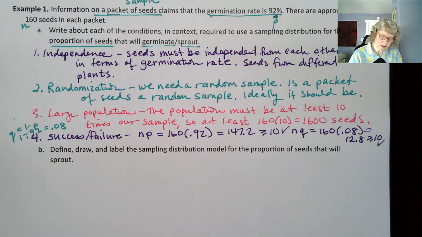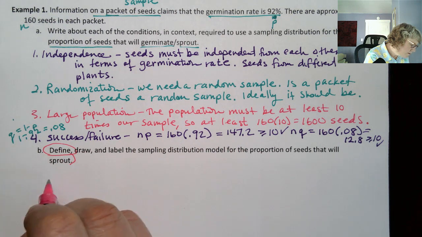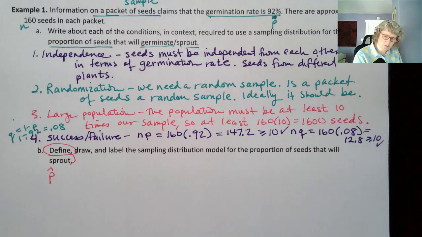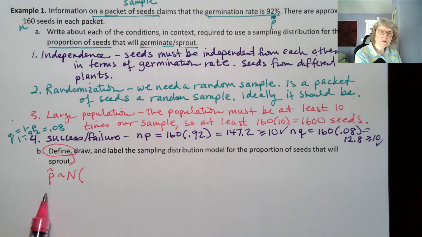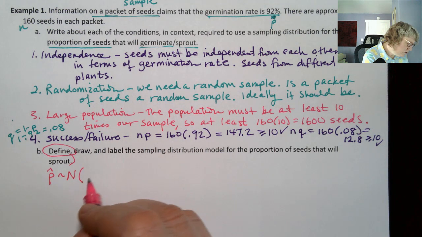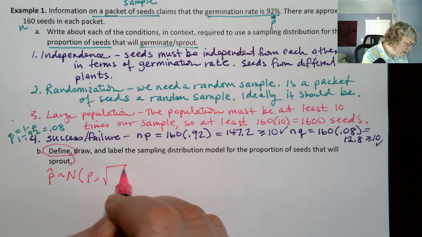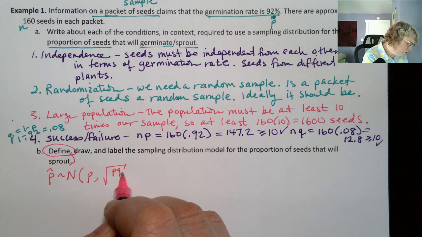Okay, so the define part is this. Our distribution of sample proportions, I'm going to go ahead and write out the formula here. Our distribution of sample proportions is distributed as normal with a mean of P and a standard error or standard deviation of square root PQ over N.